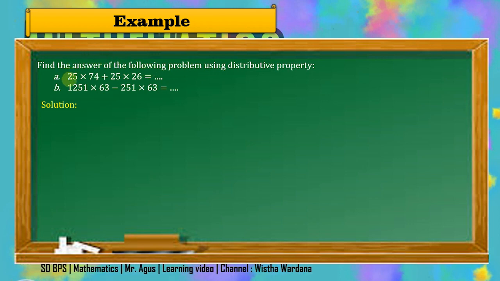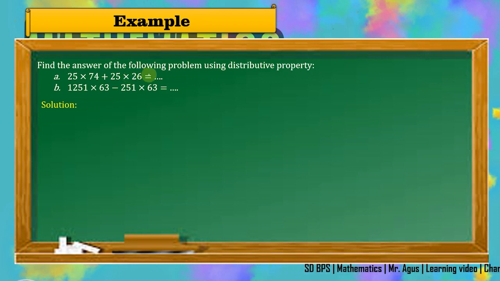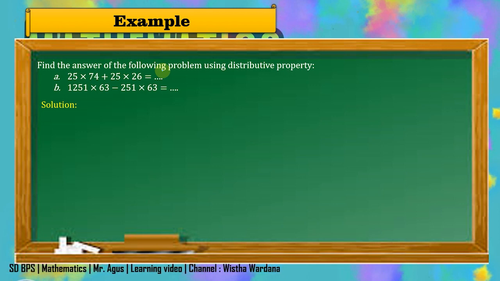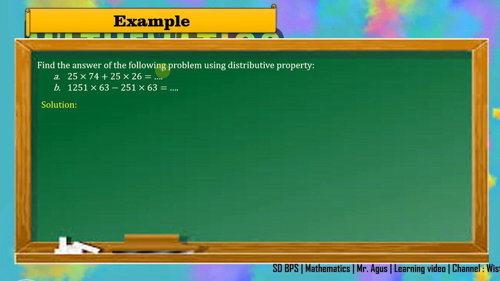Number 8, 25 times 74 plus 25 times 26. I think the first thing you think of is simplification, because when you see a question like this, you will think about the simplification that you learned in grade 5.